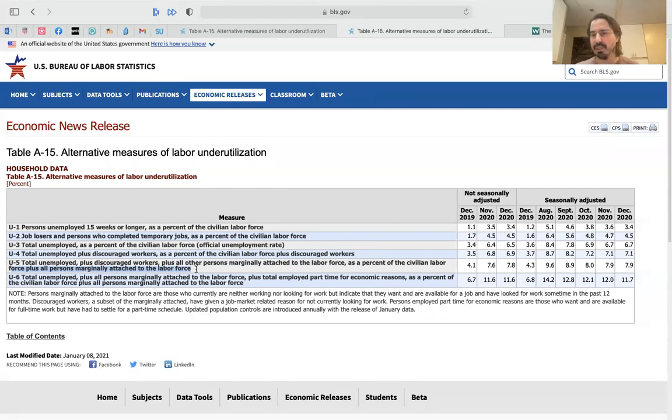And they might be discouraged or they might be not looking for some other reason. Maybe they have household responsibilities or something that they have to do that's preventing them from working. So then U6 is the total unemployed plus all persons marginally attached to the labor force plus employed part-time for economic reasons, right? So part-time for economic reasons.